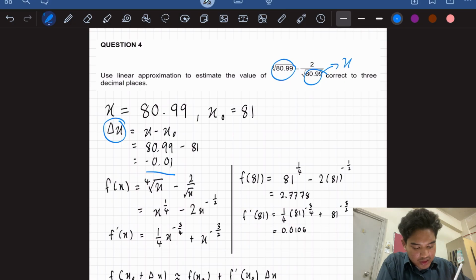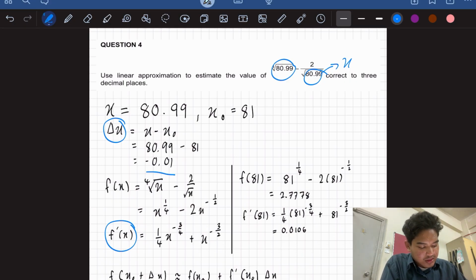Then we convert them to x power of 1 over 4 minus 2x power of minus 1 over 2. And then we find the derivative of f(x). So it will be equal to 1 over 4 x power of minus 3 over 4 plus x power of minus 3 over 2.